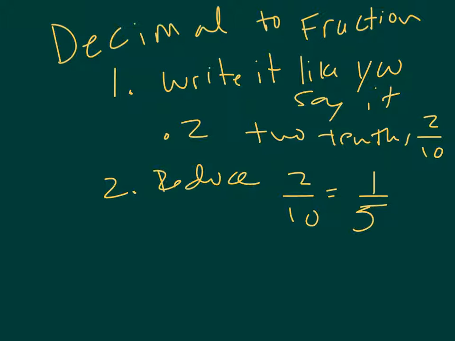So let's do a couple of those. First one is 1.2. So you say 1 and 2/10. Still got to reduce that fraction part right there. So what that really is, is 1 and 1/5.